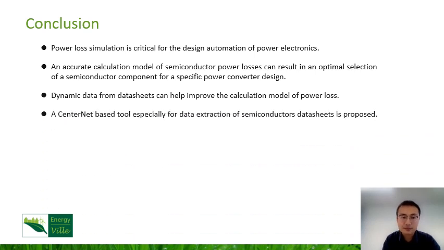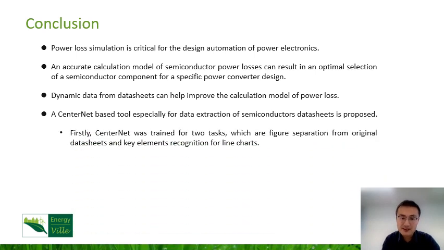So, in this paper, a CenterNet-based tool, especially for data extraction of semiconductor datasheets, is proposed. Firstly, CenterNet was trained for 2 tasks, which are figure separation from the original datasheet and also key elements recognition from the line charts.